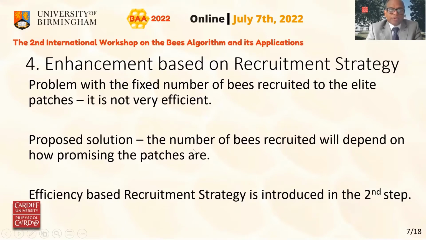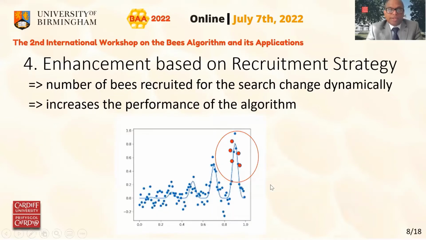And so the proposed solution is to make it proportional. The fitness value of that neighborhood, the promising search area, must be proportional to the number of bees being recruited to exploit that site. So this is called the efficiency-based recruitment strategy, and this will be introduced in the second step. So having kickstarted the search process with most promising patches, then you introduce the efficiency-based recruitment.